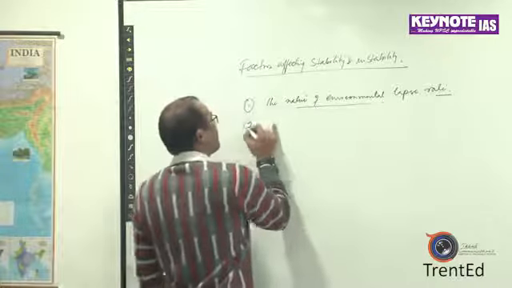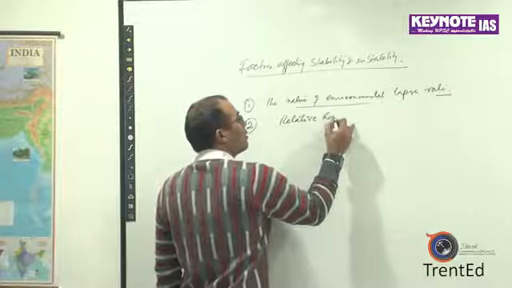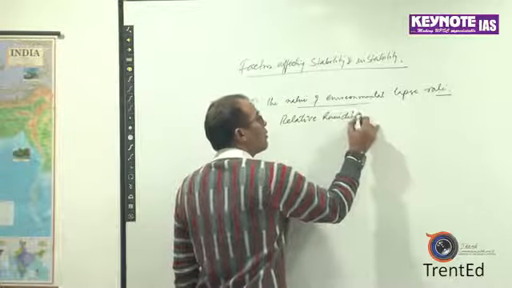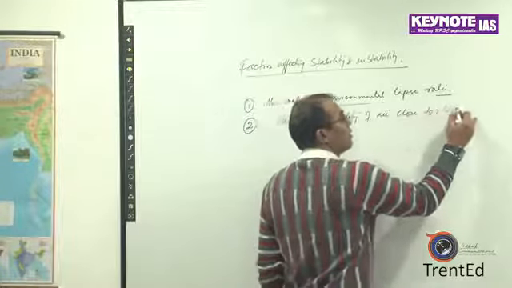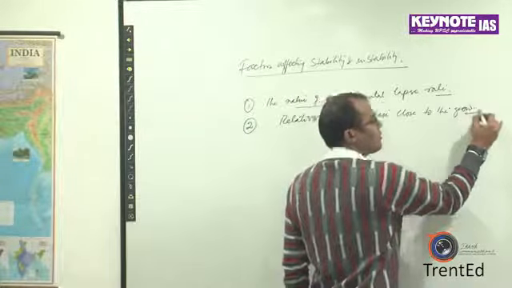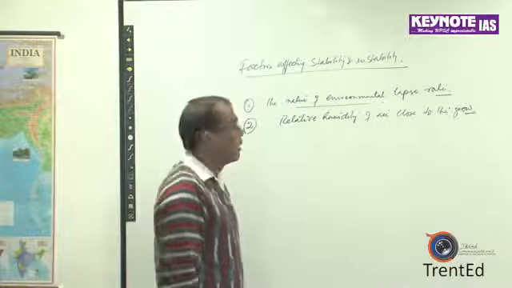Then the second is the relative humidity of air close to the ground. How is it so?